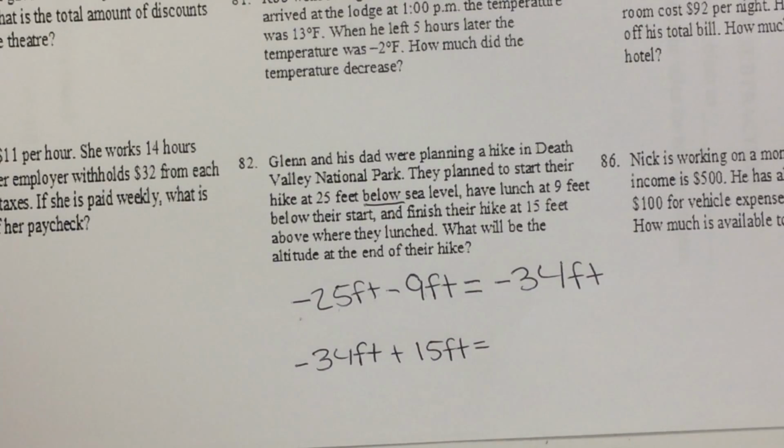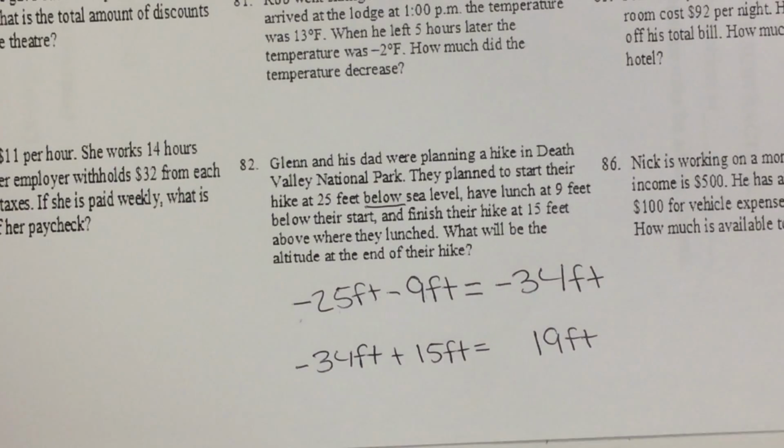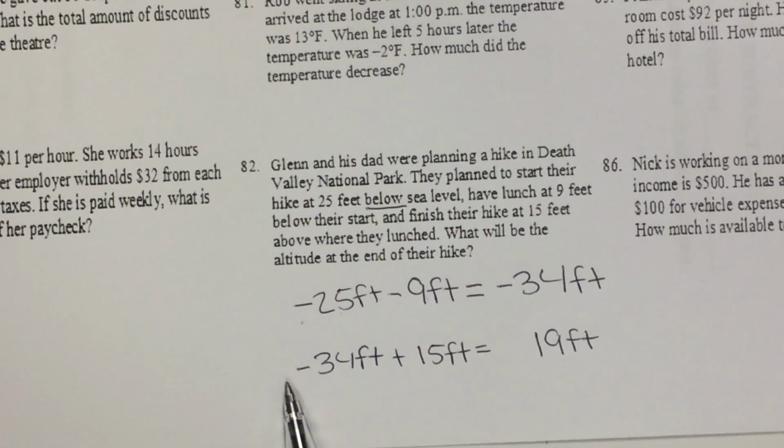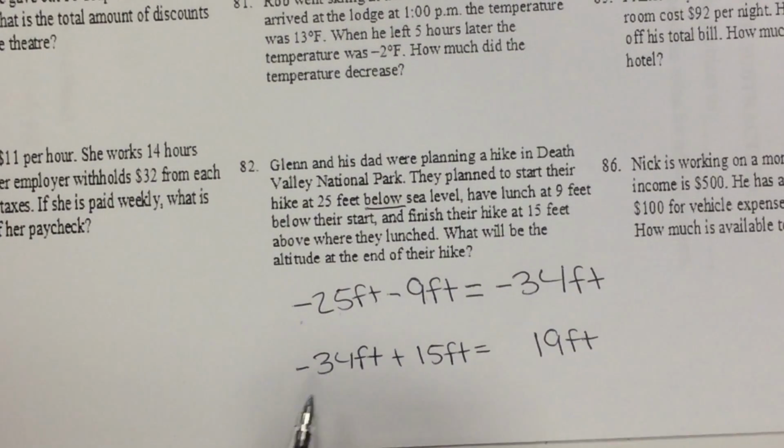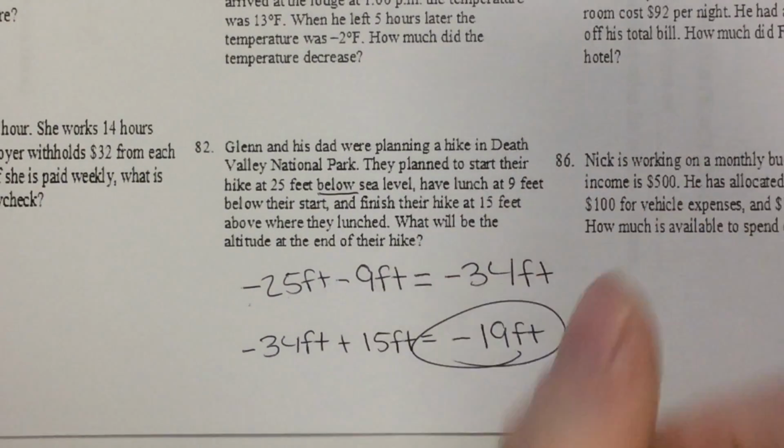Different signs, subtract. Now these have different signs, negative and positive. So we're going to subtract, and we get 19 feet. Keep the sign of the bigger one, and then you'll be exact. So the bigger one here is 34, and that's a negative. So keep the sign of the bigger value. Negative 19 feet is where they're going to end up.